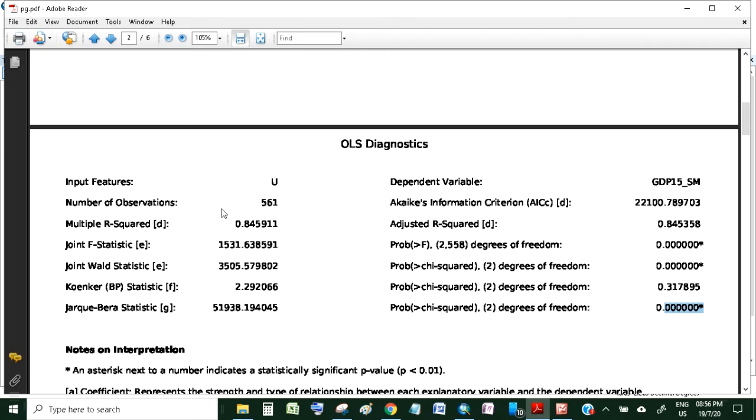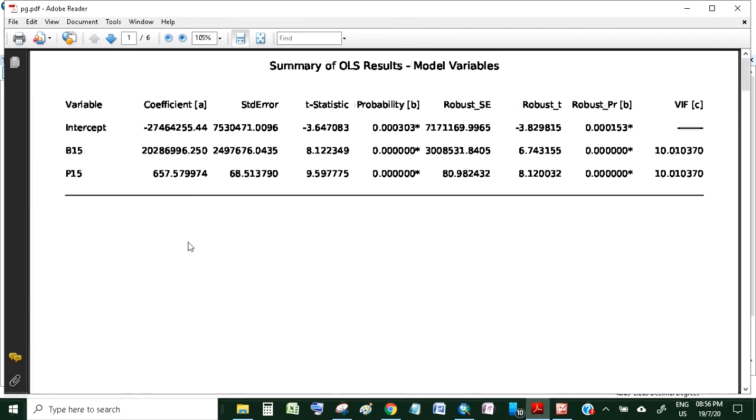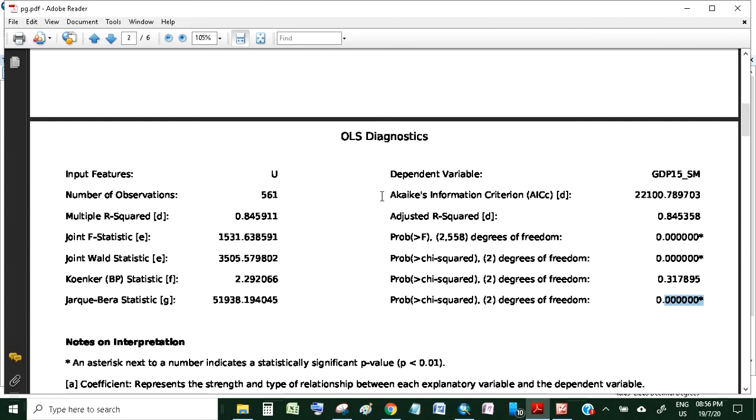Thereafter you can see your result, and when your model is satisfied, then the important thing is the Akaike information criterion. How will you come to know that your overall model, your explanatory variables, are doing fine? This result is based on two explanatory variables.